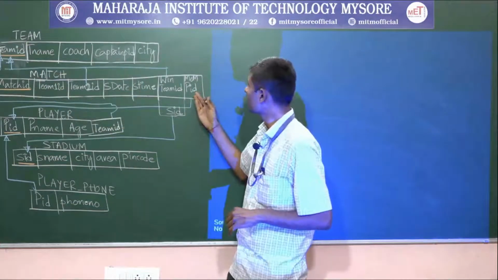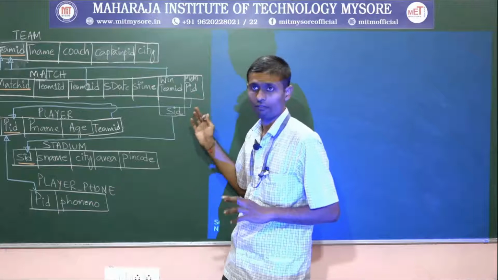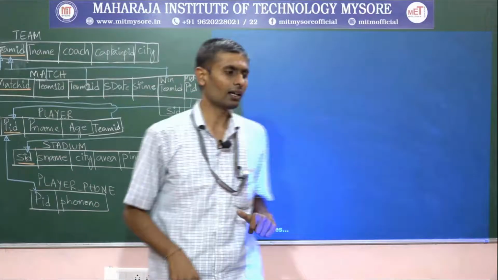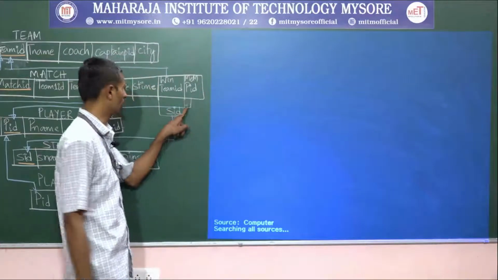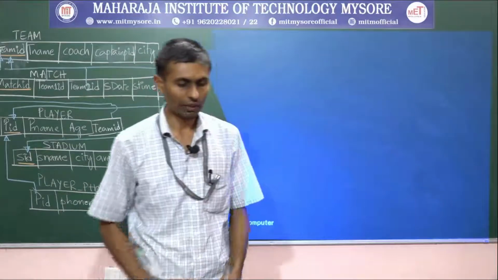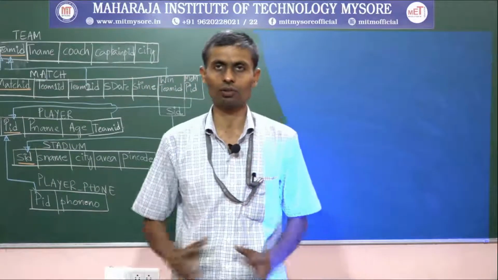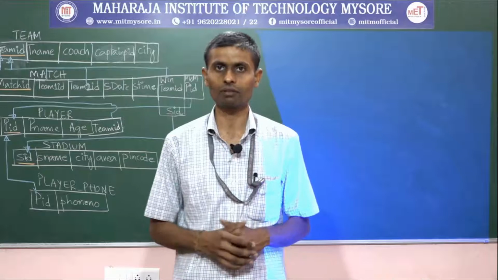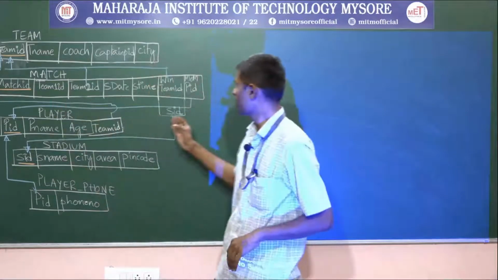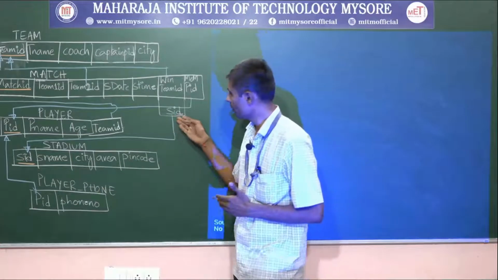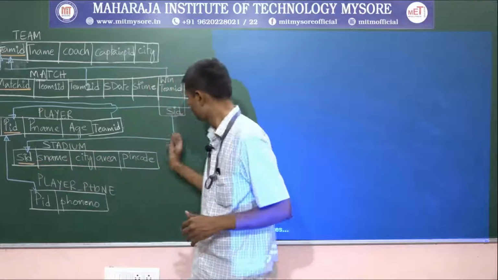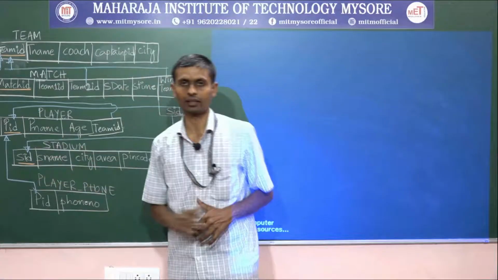Then MOM PID, man of the match PID, is a short name we have given, and this player ID always points to the player table PID. Every match has at least one man of the match award, given to one player, and we have recorded that here. A match is played in some stadium, so SID is a foreign key pointing to the stadium table SID.